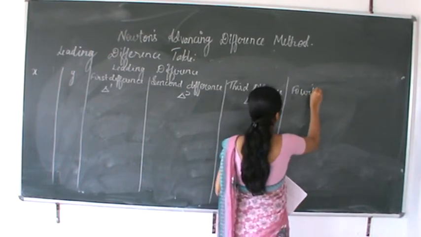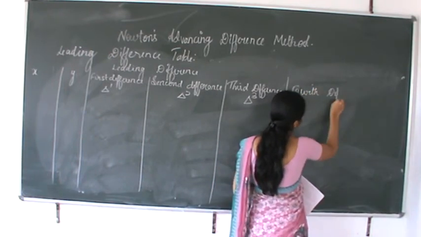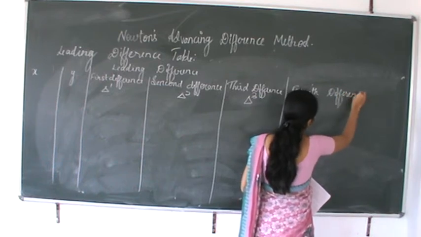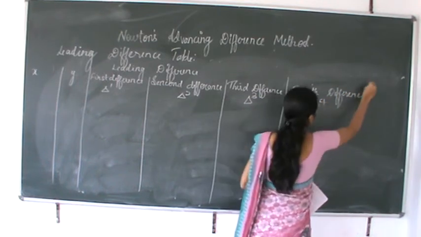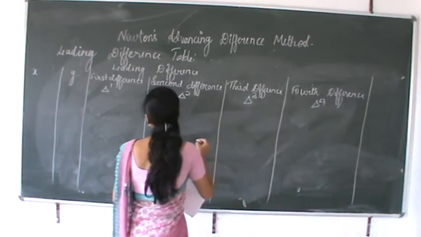Fourth difference. It is denoted by delta raised to 4. So this is the leading difference table column.